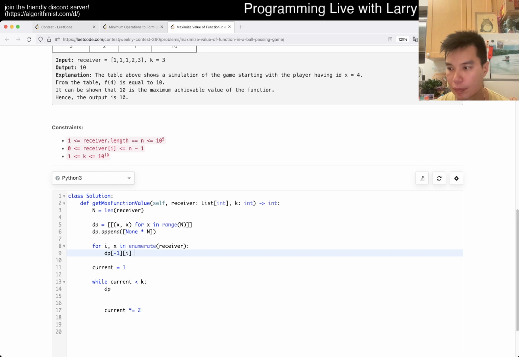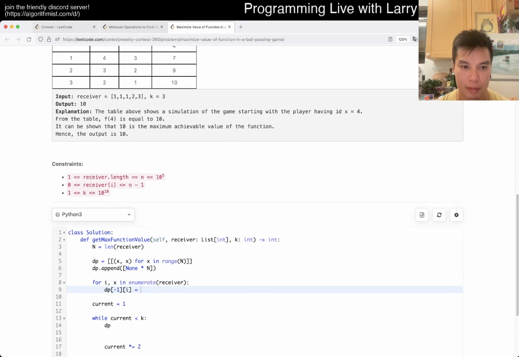Okay. So if we need this, is equal to dp of 2. Basically, we want to make 2 moves from here, or 1 move from here, then that is just equal to going to the receiver.